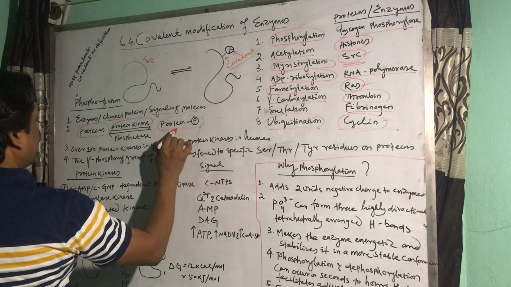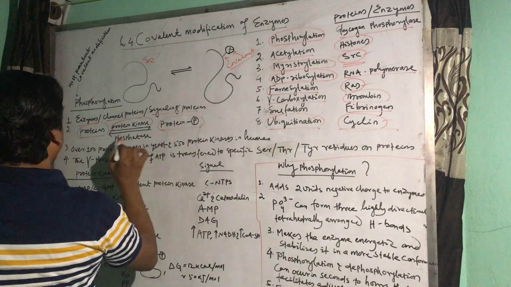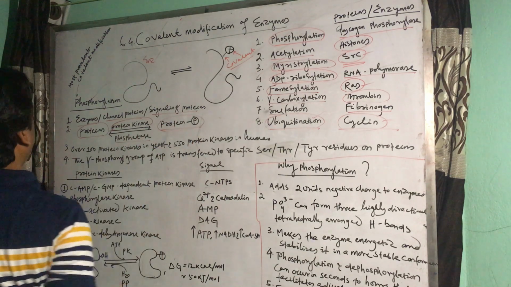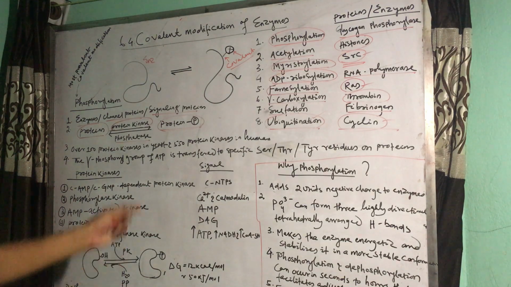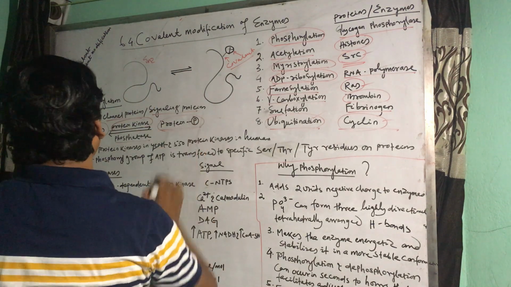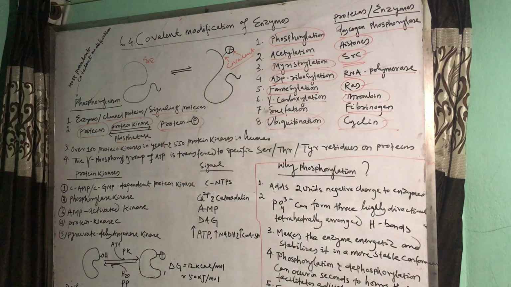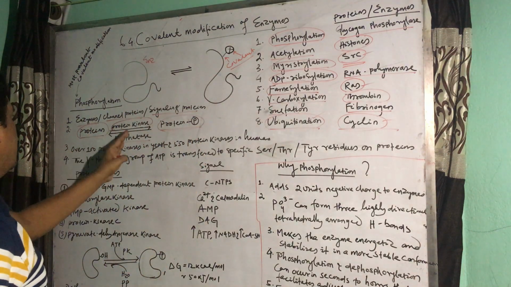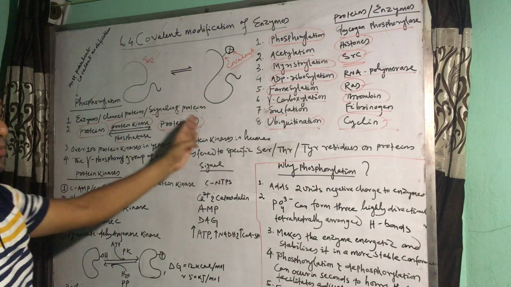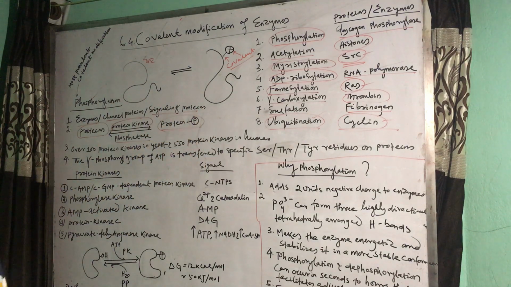Similarly, the phosphoryl group can be removed through the action of a protein phosphatase, which is just a hydrolase, and it removes the phosphate from the protein. By the coordinated action of protein kinase and protein phosphatase, proteins can be phosphorylated and dephosphorylated respectively.